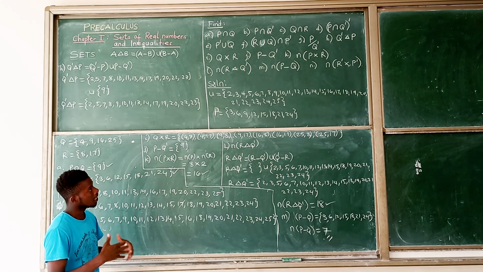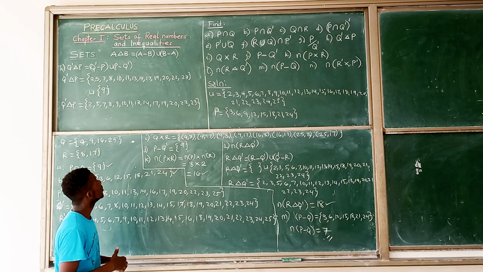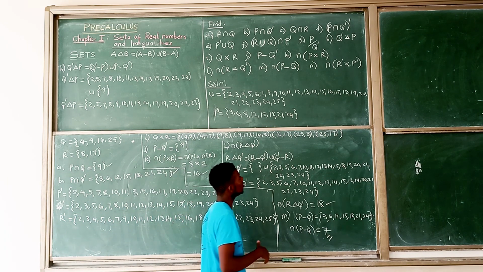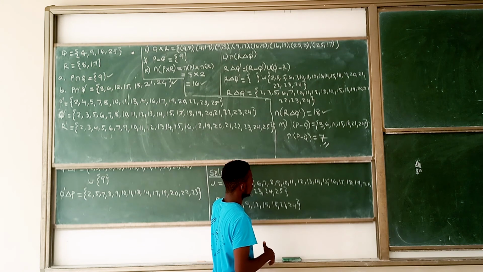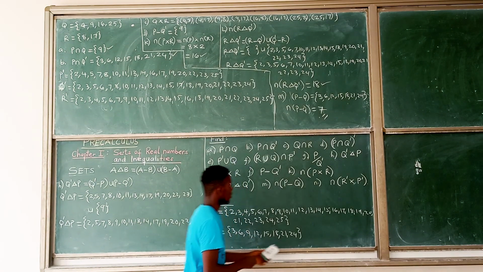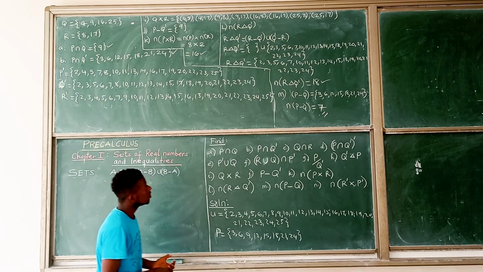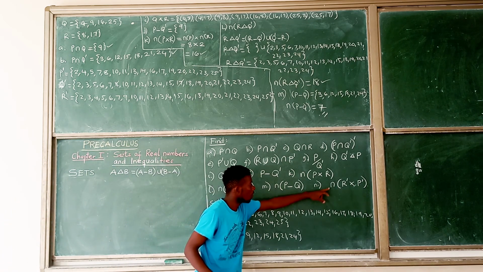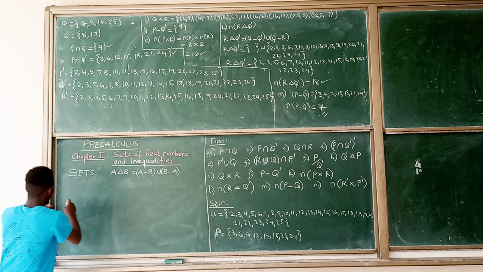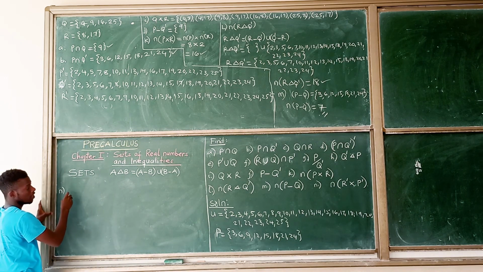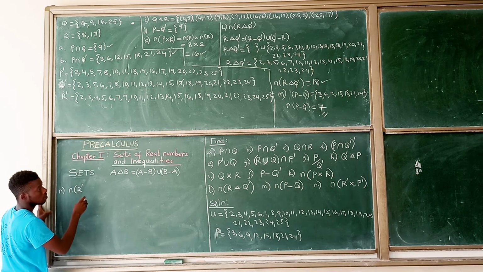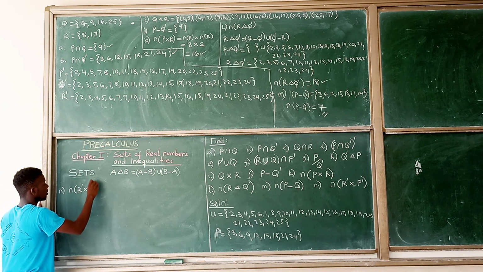And the last and final question says we should find the number of elements in R complement cross P complement. So letter N says we find the number of elements in R complement cross P complement.